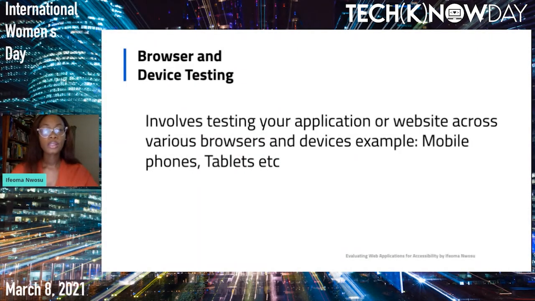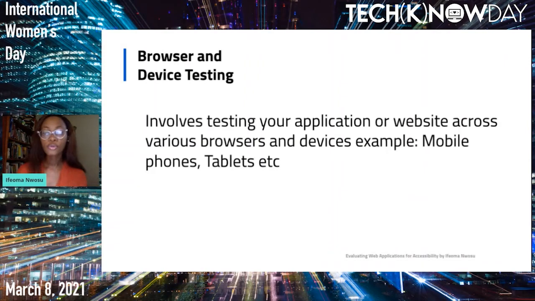So we have browser and device testing. It's one of the ways which websites and applications can be tested. It involves testing your application or website across various browsers and devices. When testing an application for accessibility, it's very easy to use our own browser, and because it runs on your browser, get carried away and say, oh, this works on my browser, I presume it will work on every other person's browser.